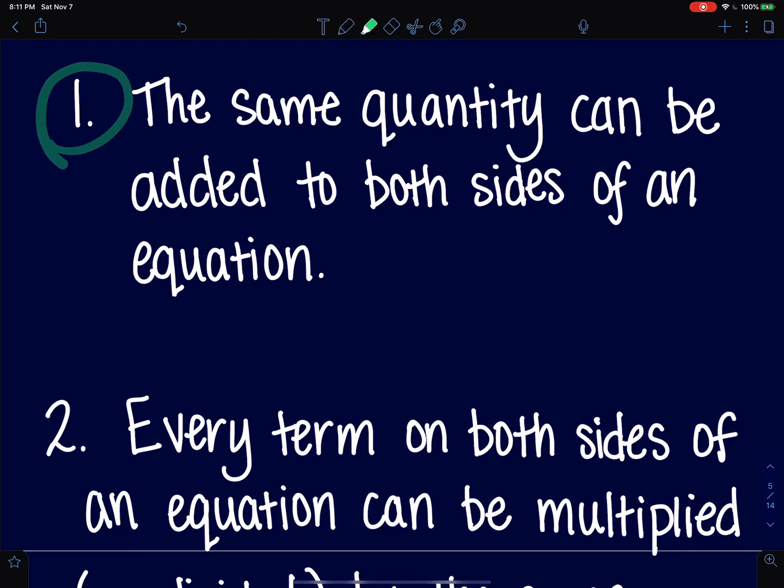Rule number 1, the same quantity can be added to both sides of an equation, right? So you have x equals y, you can do 1 plus x equals y plus 1. You can do that. Why can you do that? Because of the number 1 very important rule, the same quantity can be added to both sides of an equation.